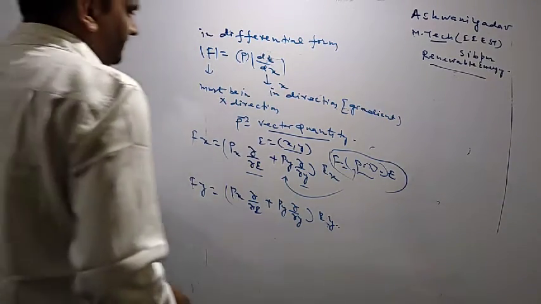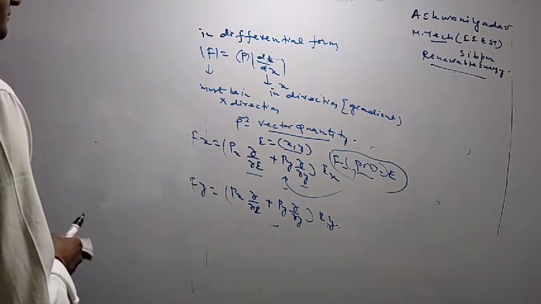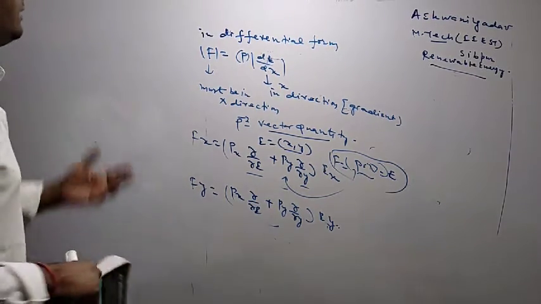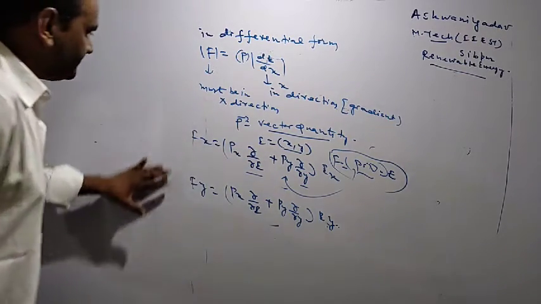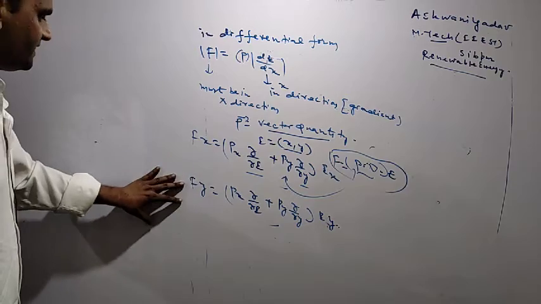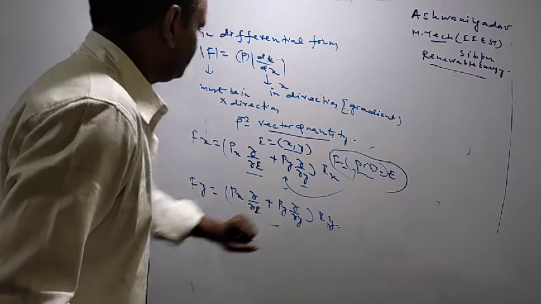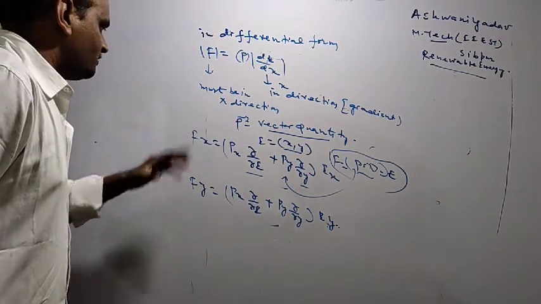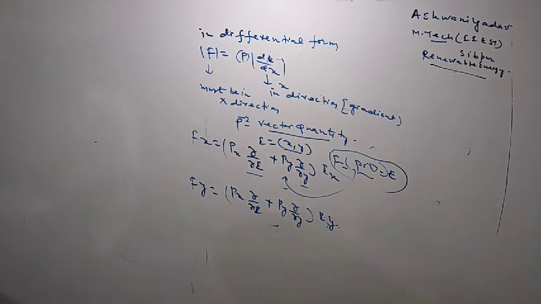We will discuss some numerical problems on this mathematical formula. So we see in a non-uniform electric field, we can find the translation force in x direction and in y direction. When you find these expressions, you can easily solve and find your desired values of forces in x and y directions.